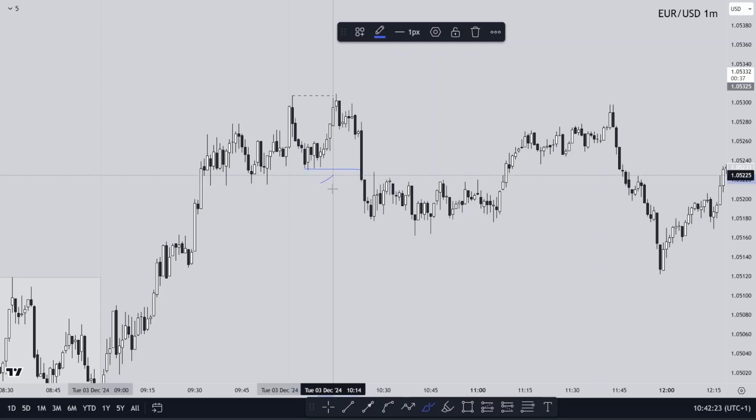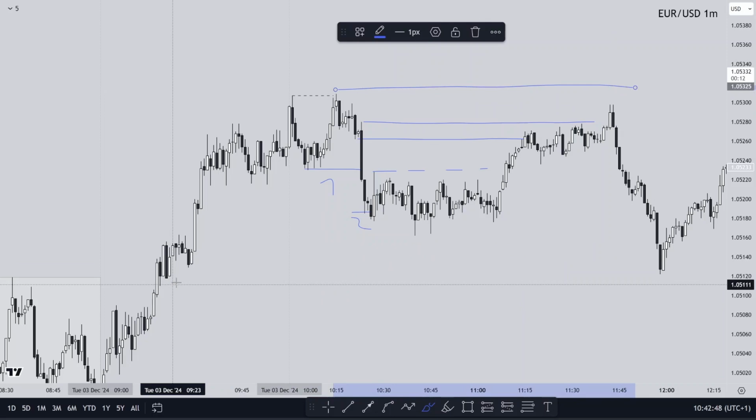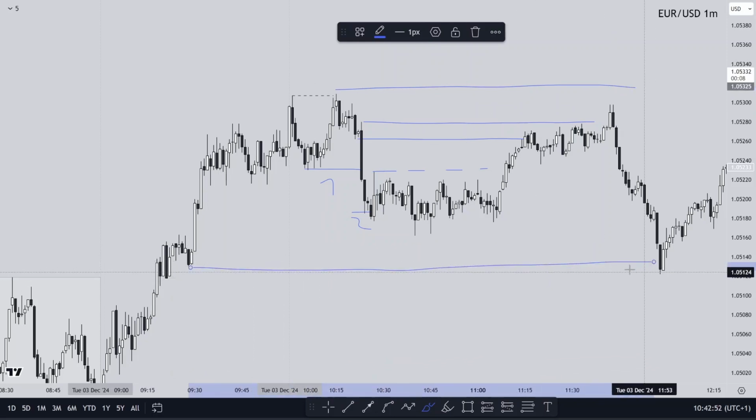So this was my first break of structure, and then it broke the level here again. So it was okay for me to look for a sell setup. Then price took out liquidity from this level here, and I entered my trade here with stop loss above this level and TP, well, I don't remember, maybe below this level, it was something like this.